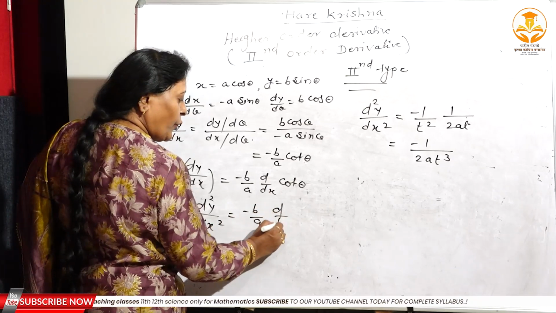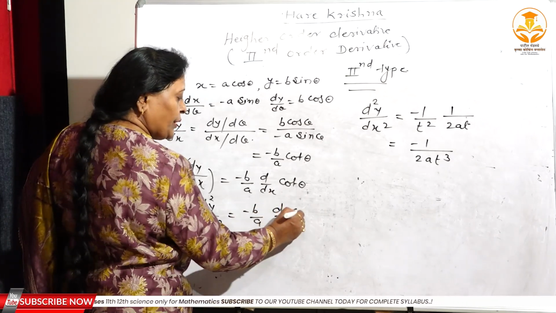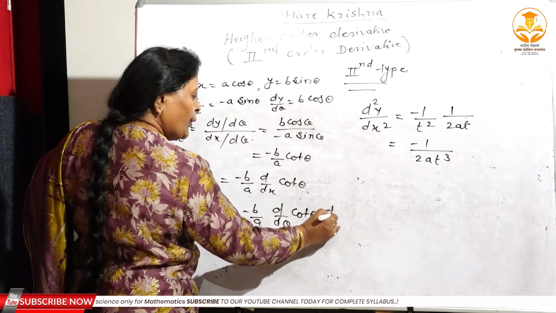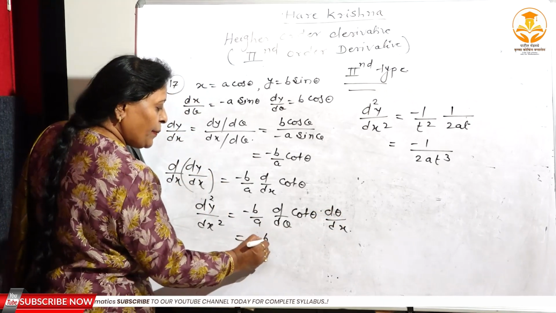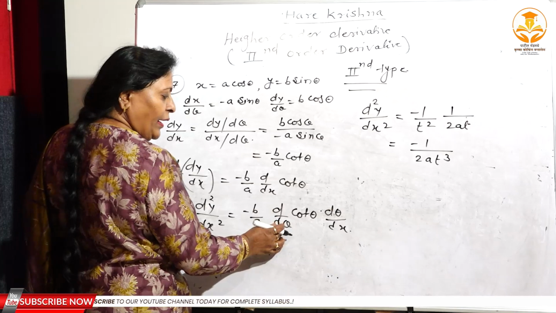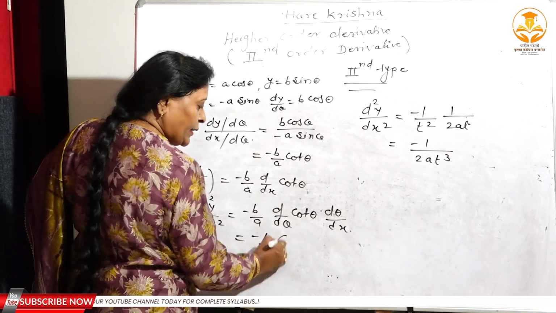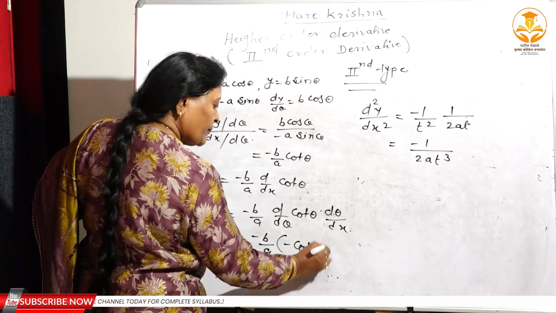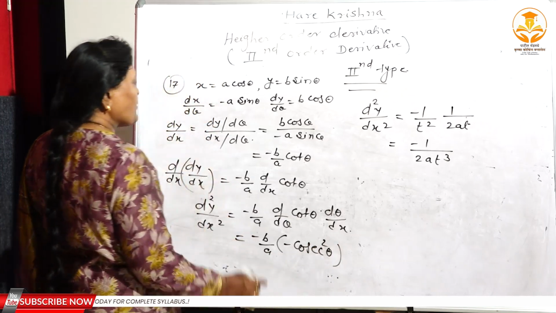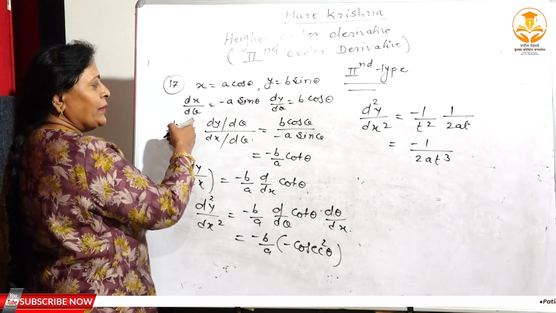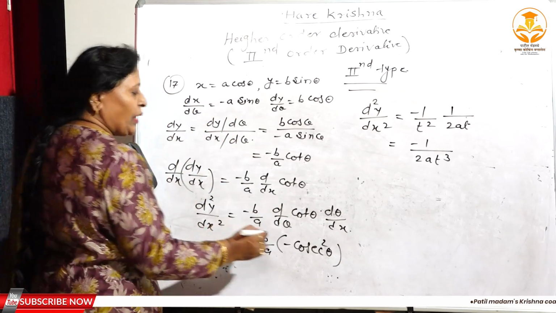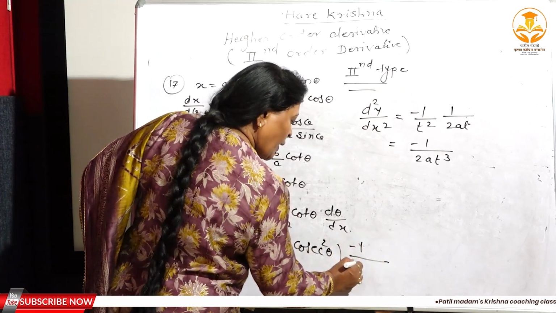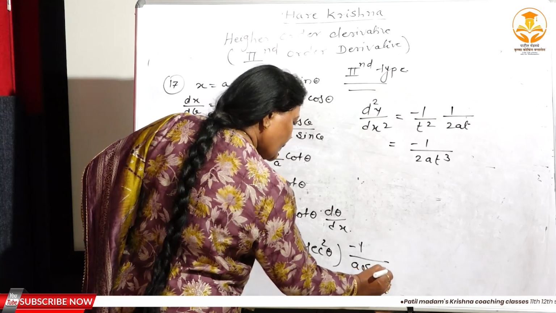Here first we want to find the derivative with respect to theta and into d theta divided by dx. Right? Minus b by a. The derivative of cot theta with respect to theta is minus cosec square theta, and again substitute dx divided by d theta is equal to minus a sin theta, so d theta divided by dx you can write as minus 1 upon a sin theta, isn't it?